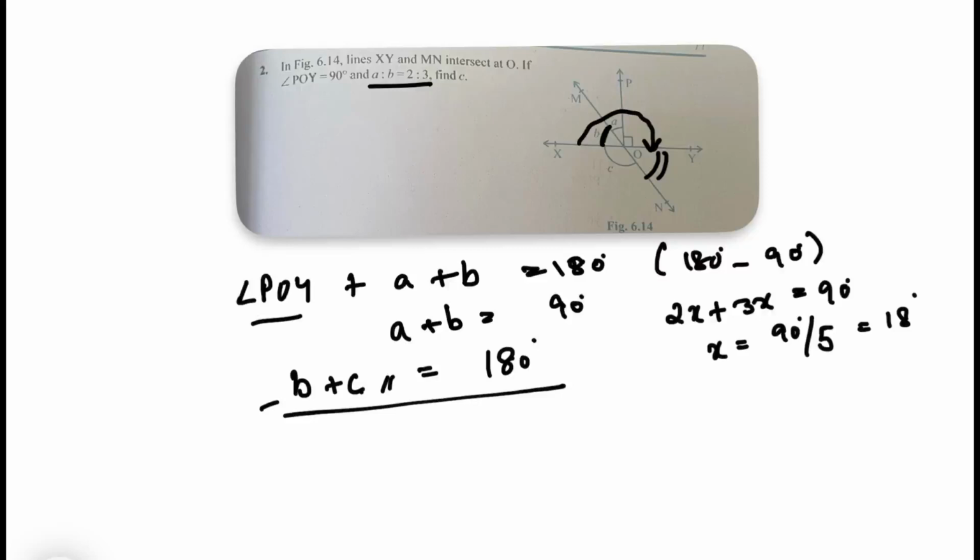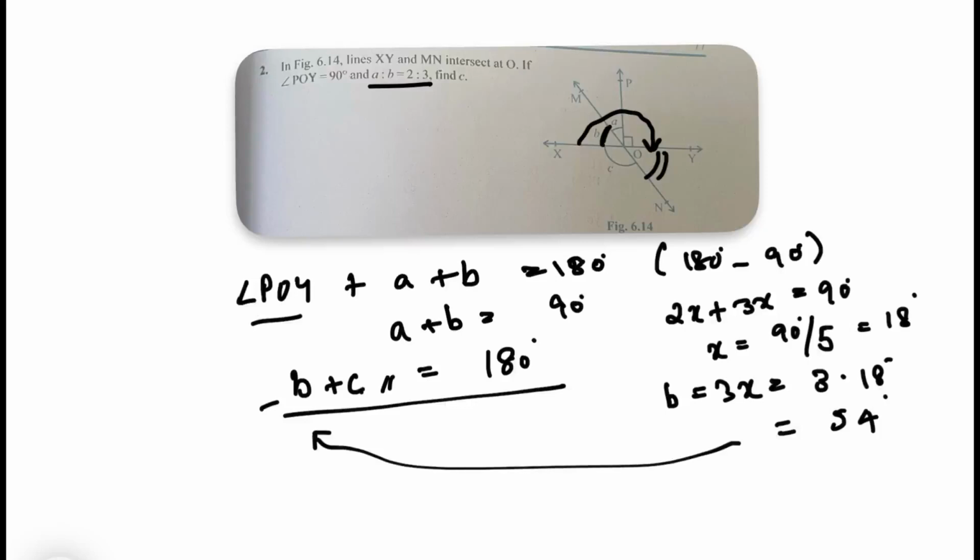So your value of B is equal to 3x, which means 3 multiplied by 18 degrees. So 18 into 3 is 54 degrees. So we will substitute here. So C is equal to 180 degrees minus 54 degrees, which is equal to 126 degrees. So this is your answer.